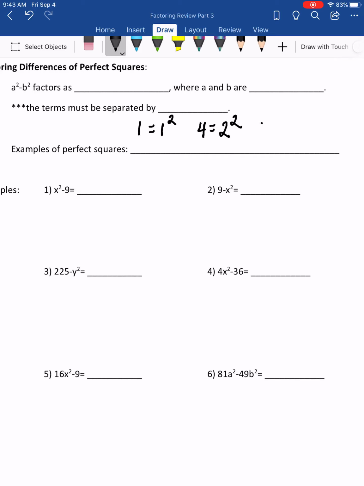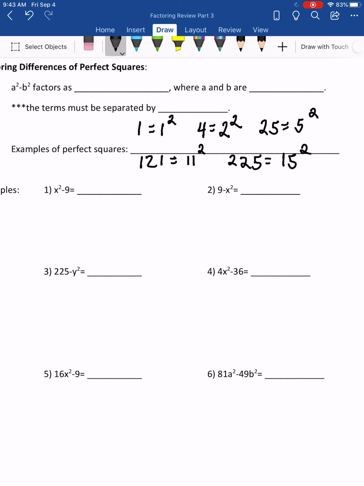Let's skip ahead. 25 is a perfect square because 25 is equal to 5 squared, all right? Let's see, 121 is equal to 11 squared. 225 is equal to 15 squared, all right?